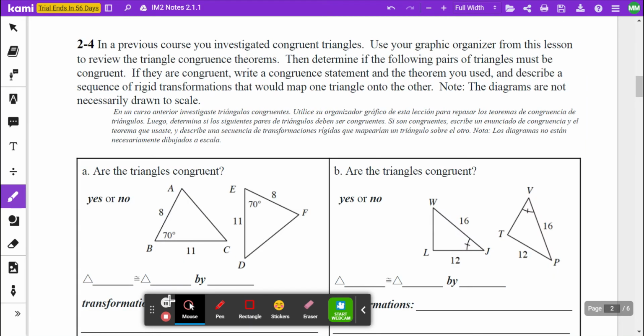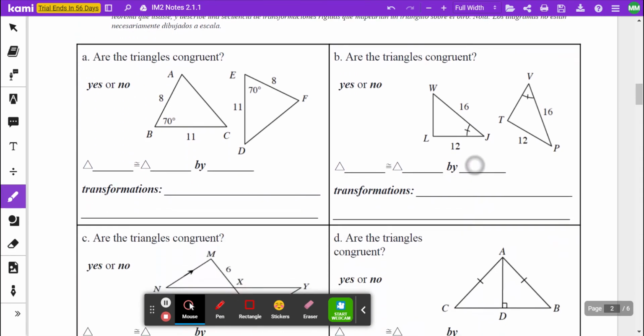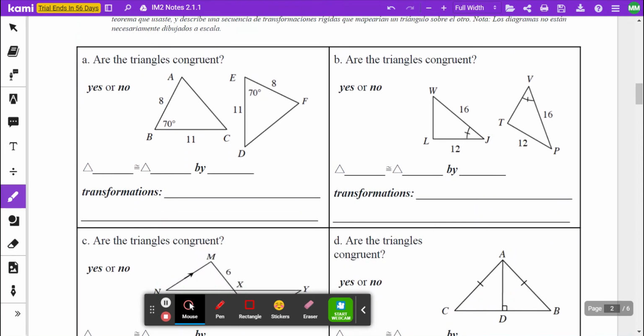So now we're going to do 2-4, trying to determine if these triangles are congruent, and then we're going to use transformations to map one triangle on top of the other, assuming that they are congruent. Here we go. First one, are the triangles congruent? You know, I think it would help if we had a list of our congruence theorems. So I'm going to put them on the side of this page, but you can probably just look at your green sheet, or if it's on white paper, your triangle congruence theorems graphic organizer.